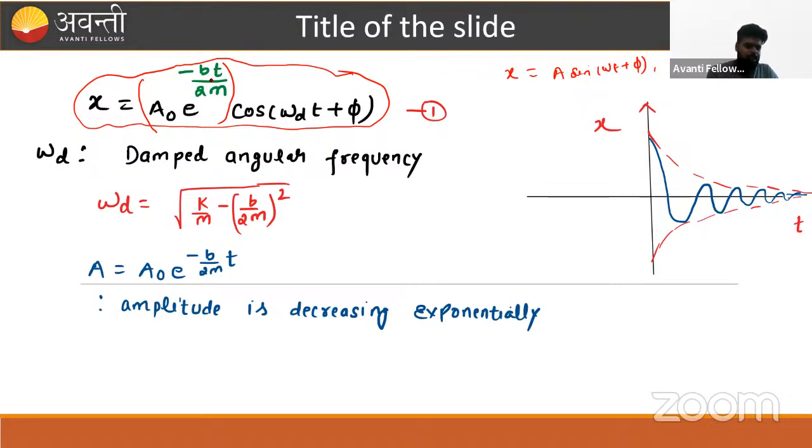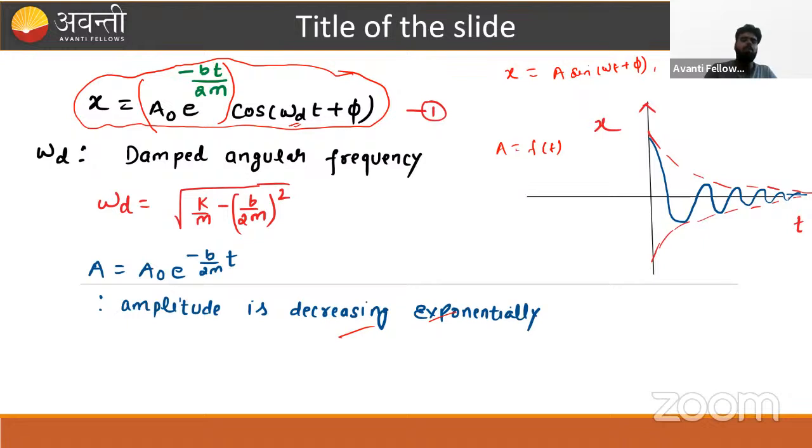An exponentially decreasing function is involved. So this is the meaning: after some time, the amplitude will become zero, or the oscillation will stop. Because of this, we can say the amplitude is also a function of time, and that is an exponential function.